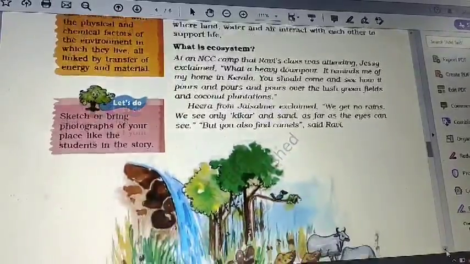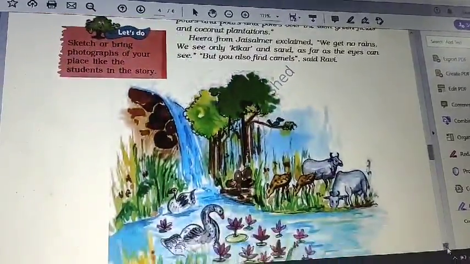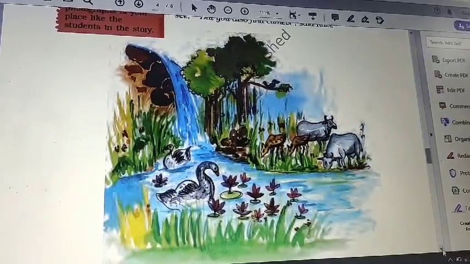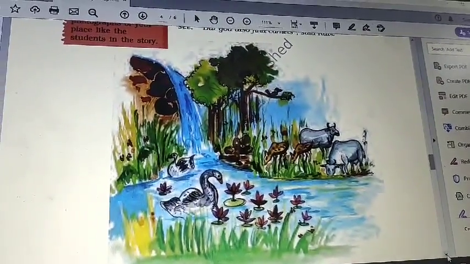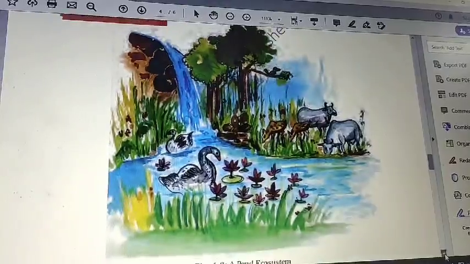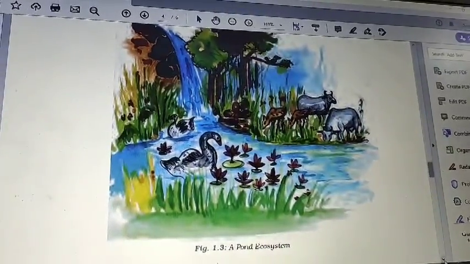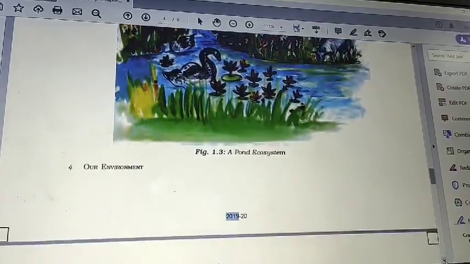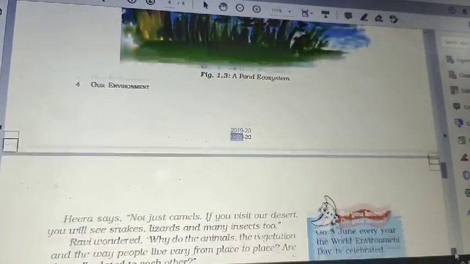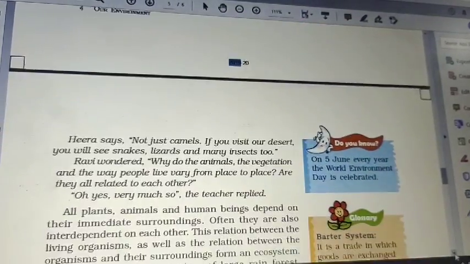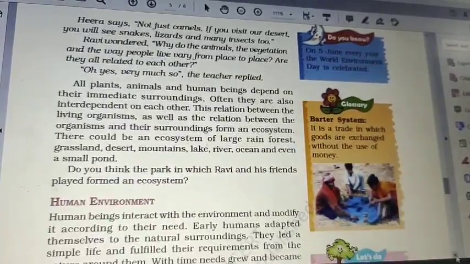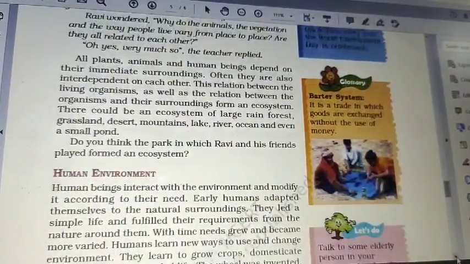If you see this picture, many creatures are living together, and we know that all these creatures depend upon each other. If we look at our own life, in the ecosystem where we are living, we are definitely depending upon many things. All the plants, animals, and human beings depend on their immediate surroundings.